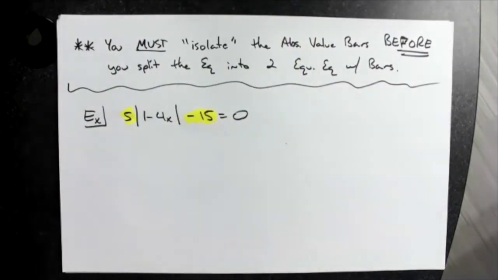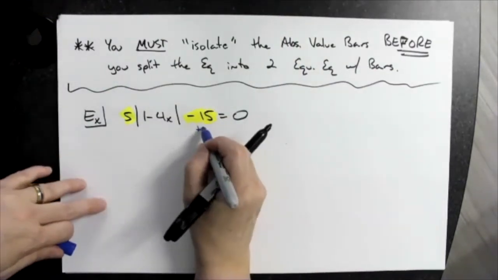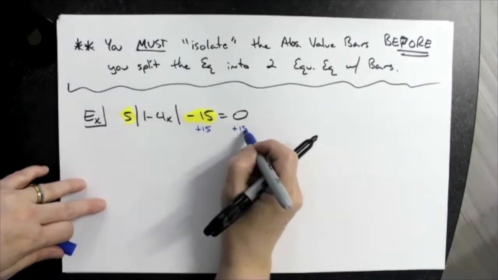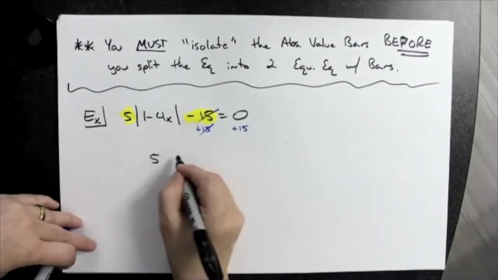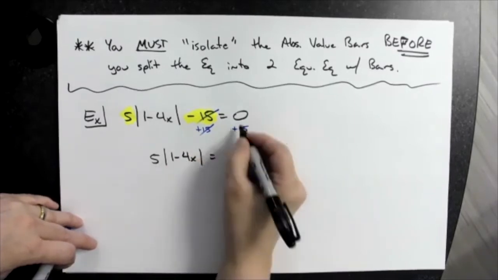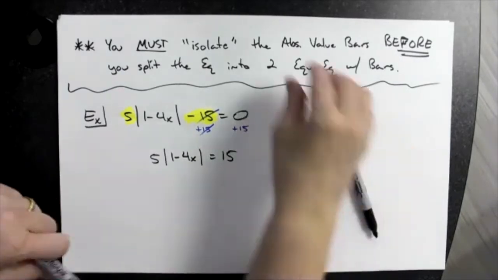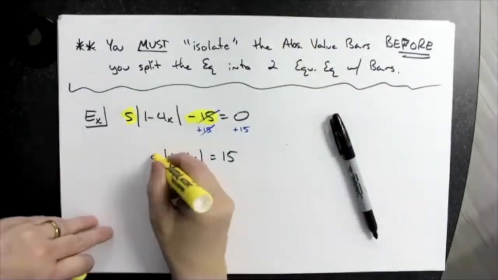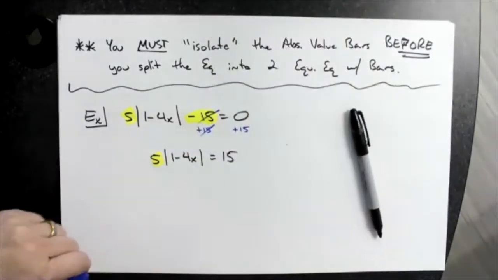All right, so my first thing I'm going to do is add 15, because we would normally just add a plain 15 just to get rid of that 15. I'm still going to have 5, absolute value 1 minus 4x, 0 plus 15 is 15. Okay, now we still have the 5 being multiplied, so I've got to get rid of that 5.